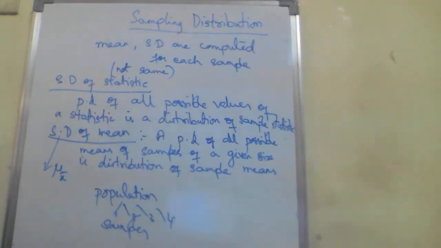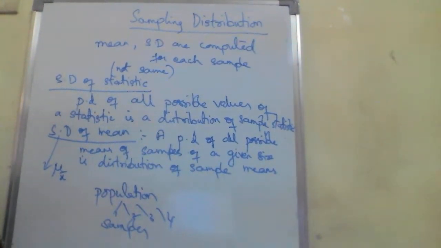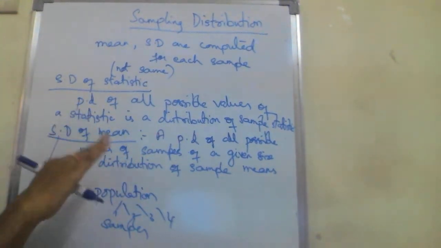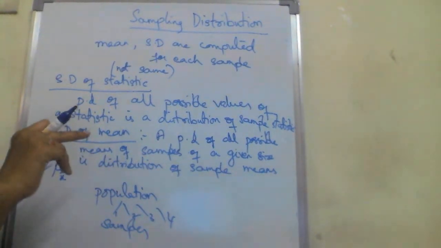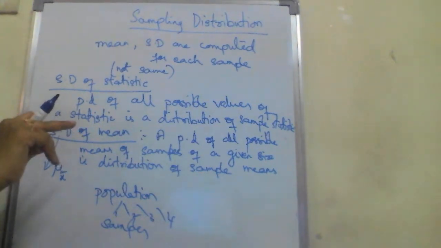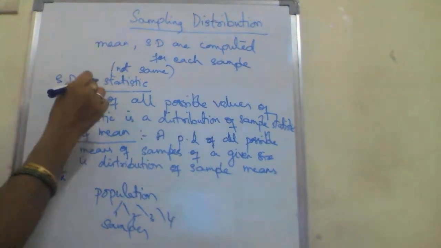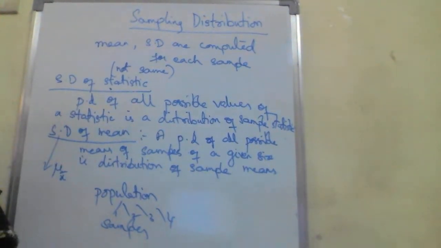So the sampling distribution of a statistic is a frequency distribution formed with various values of the statistic, like when you are taking different samples. Suppose I find the mean, or the median, whatever I have found, the different values from the samples you have drawn from the same population form a sampling distribution of the statistic.